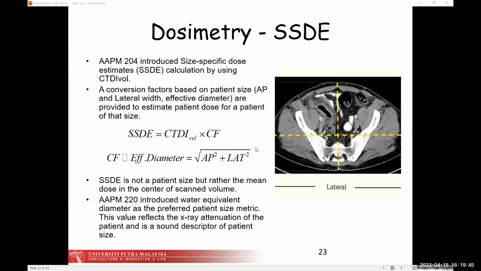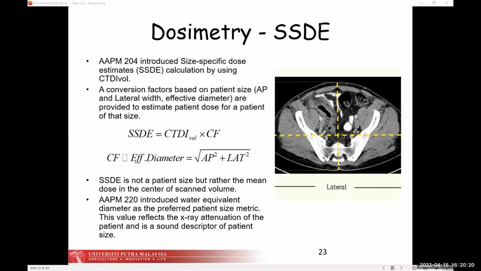The second dosimetry is the size-specific dose estimate, also based on the CTDI vol, because dose length product and CTDI vol are not focusing on the patient size. Therefore, AAPM in 2004 introduced conversion factors for the CTDI volume to estimate the SSDE, and these conversion factors depend on the effective diameter.